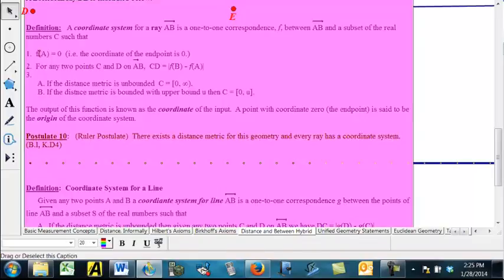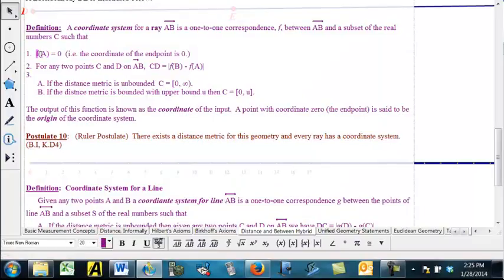First of all, f of A is 0, so the coordinate of the endpoint is 0. For any two points, I'm using C for something else, let's say D and E on the ray, the distance from D to E is f of E minus f of D.